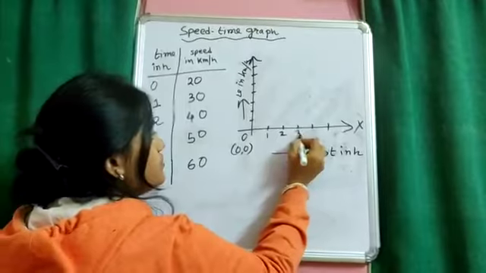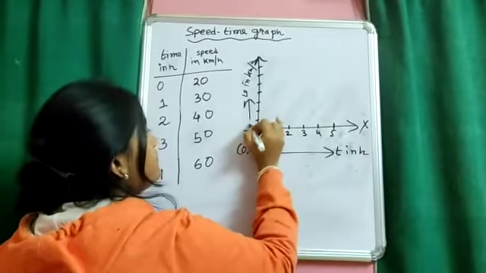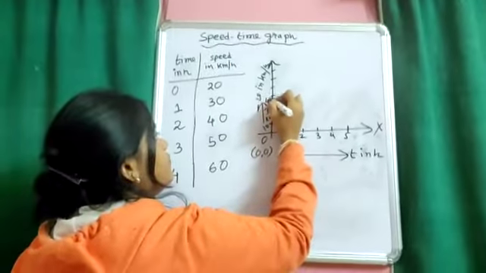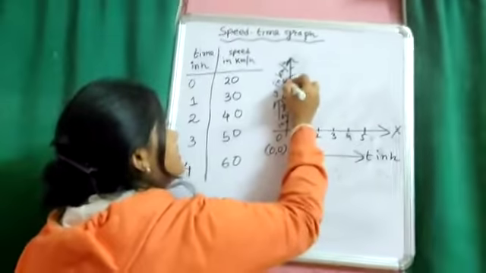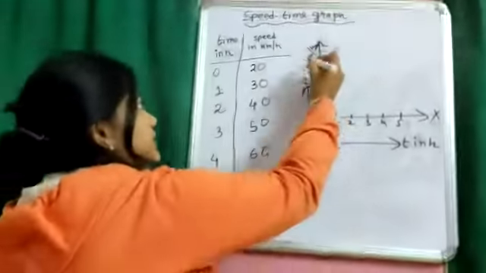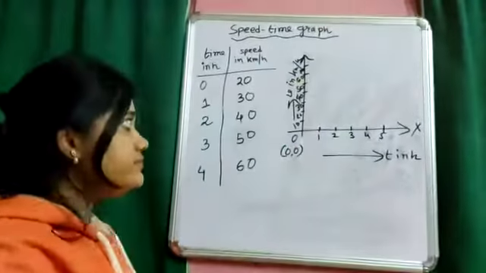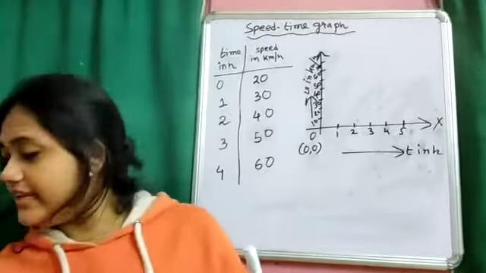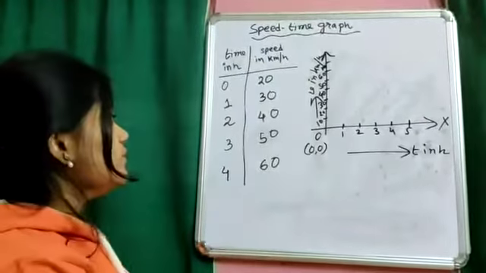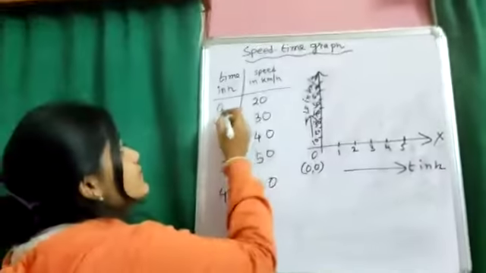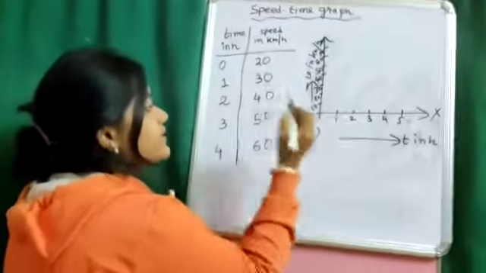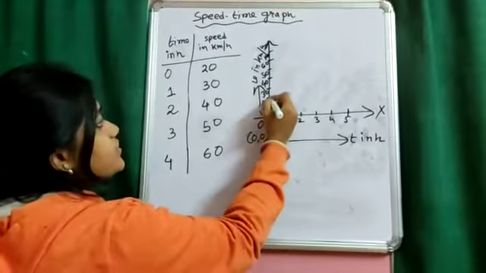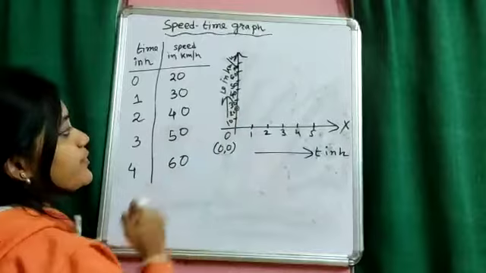All are in kilometer per hour. Now let us find out where the first point is: 0, 20. Time is 0, speed is 20 kilometer per hour. So first point I have got here.